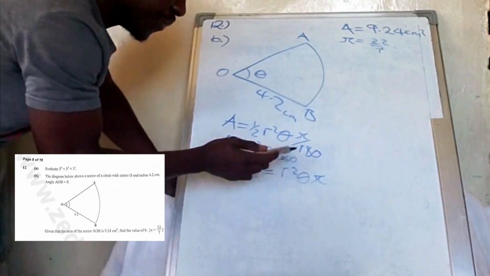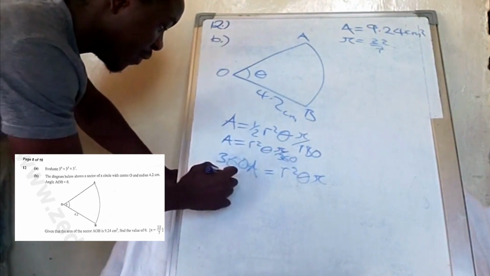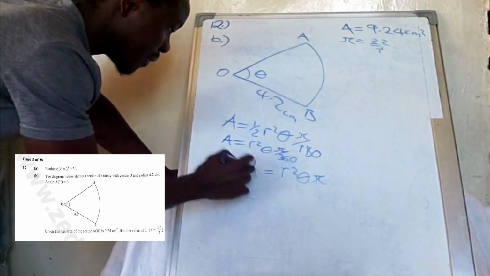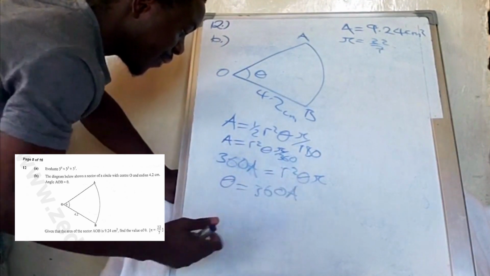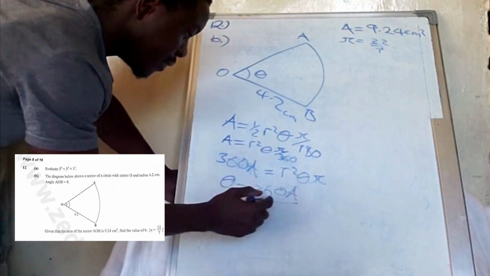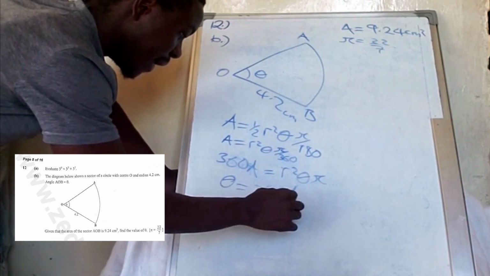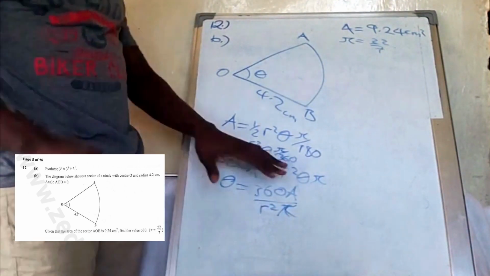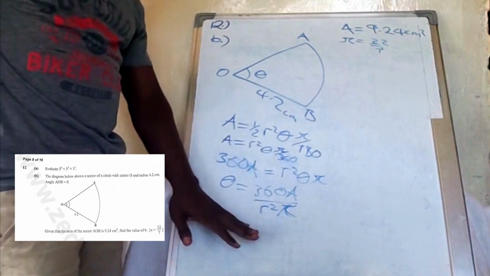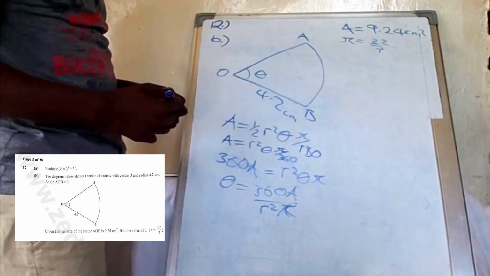And if we want to make theta the subject of the formula, we divide both sides by r squared pi. We're going to have theta equals 360 area divided by r squared pi. Okay, so we've gotten this far. This is the formula that we're going to use to find the angle theta.